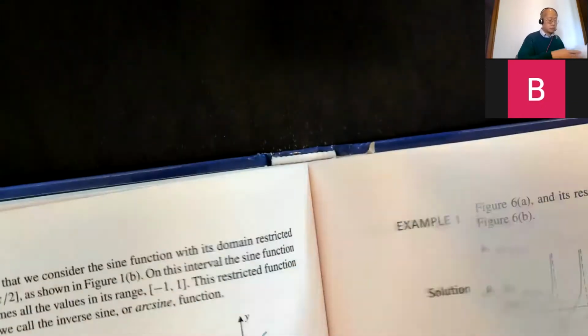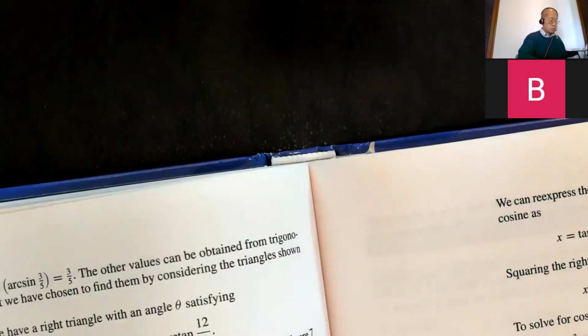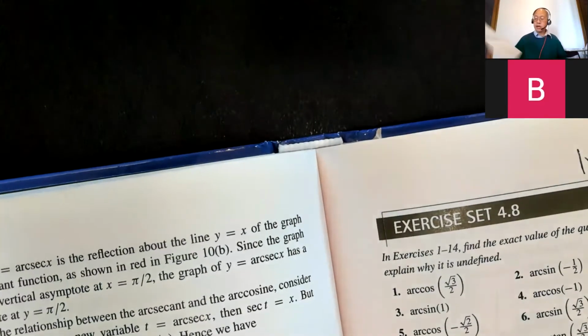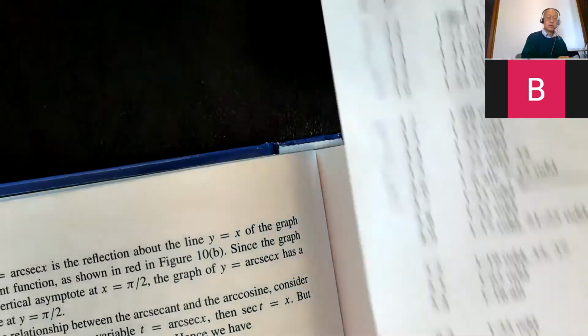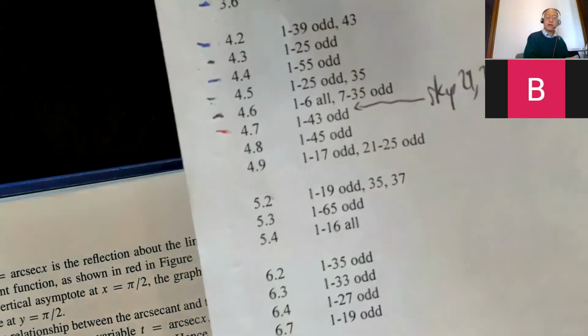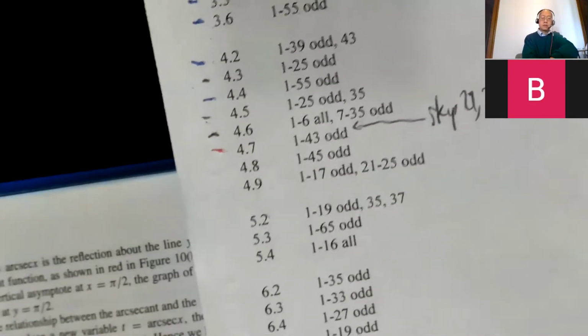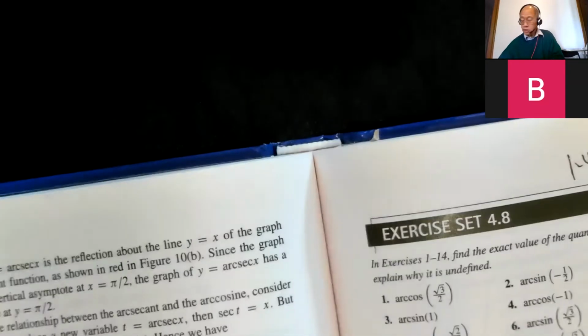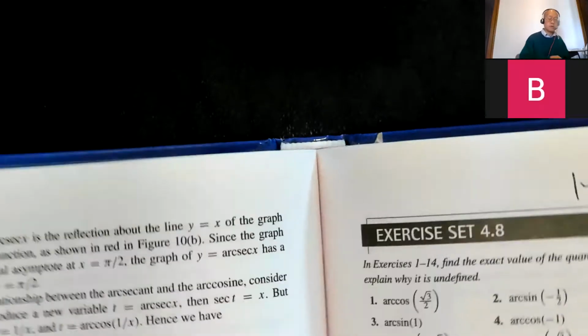Let me go ahead and show you what the problems are for those who don't have the book. We had to do 1 to 45 odd from 4.8. So that fits all on one page, I think.